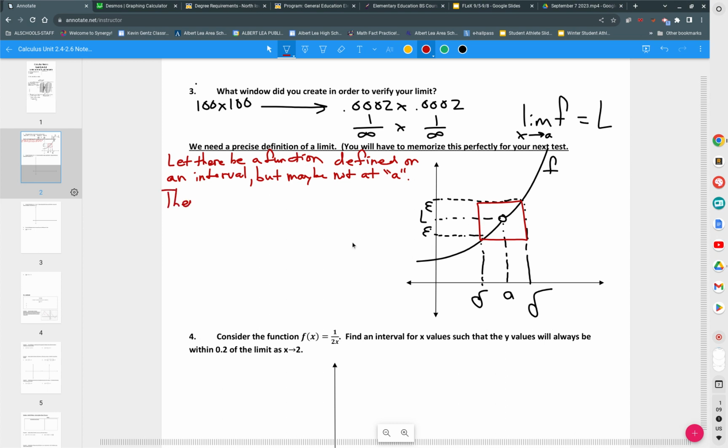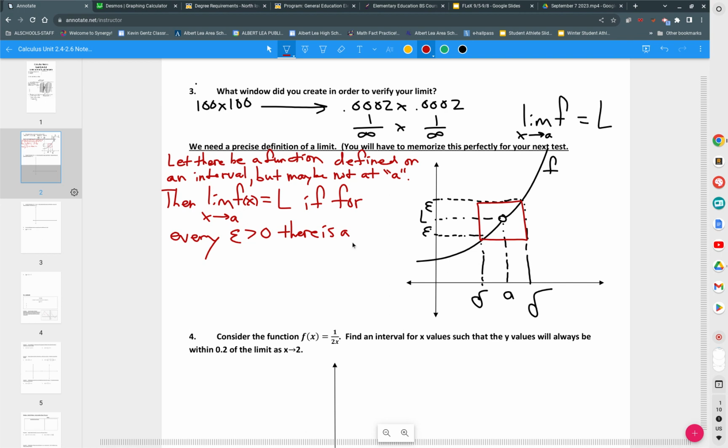Then, the limit as x approaches a of the function is equal to what? L. If for every epsilon greater than 0, so epsilon is a positive value, and it just tells us the amount that we go up and down. If for every epsilon greater than 0, there is a, anybody want to guess?